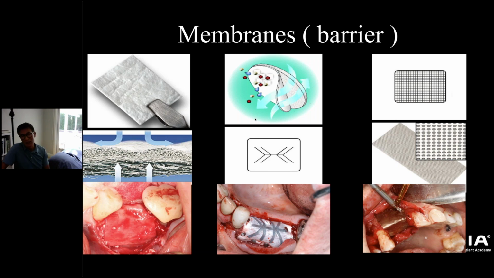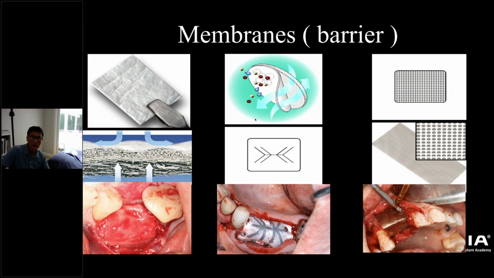I know Sascha, Massimo Simion, or Urban showed beautiful vertical cases with this GTR, the titanium reinforced case with the fixation screw. A lot of cases still work well, and some cases still need it. And then the other one was either small pore or large pore titanium mesh.